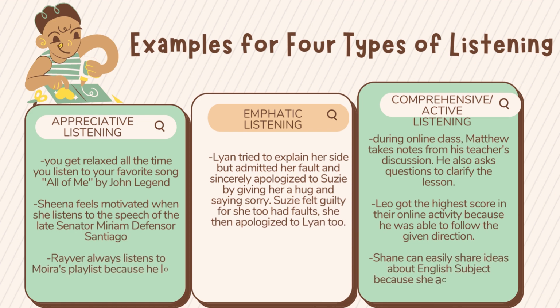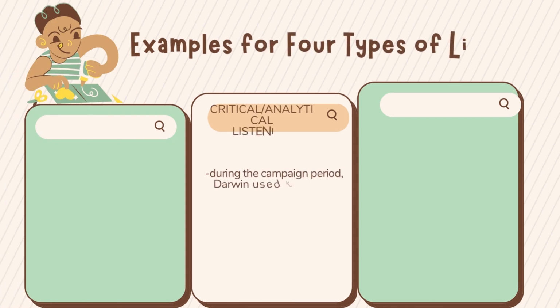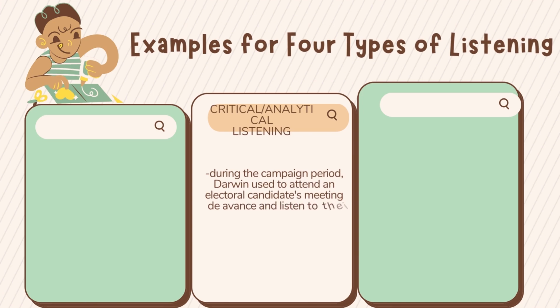And lastly, Raver always listens to Moira's playlist because he loves her voice. So that's what we call the first type of listening, which is the appreciative listening. Okay.